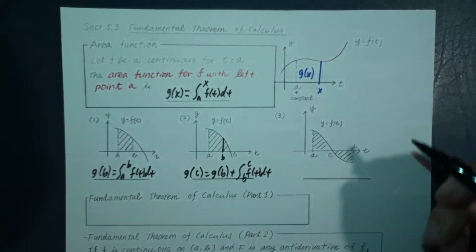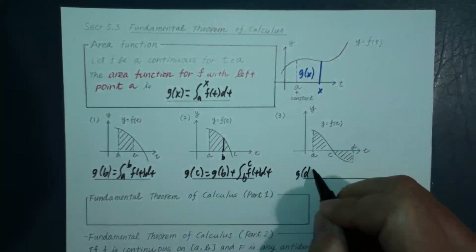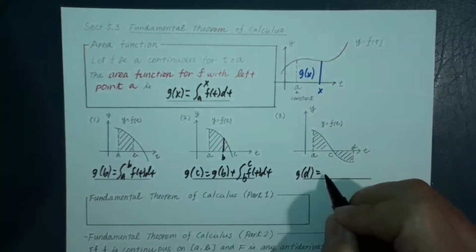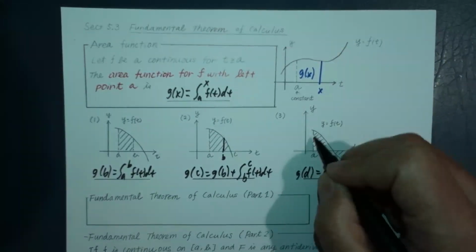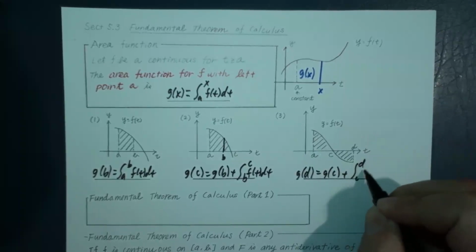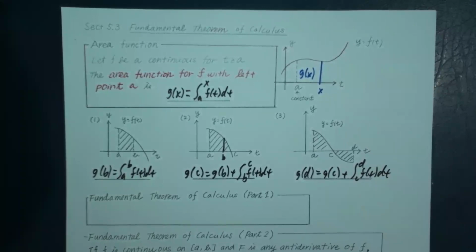And then we're going to further that once again, g of d, our area function, is going to equal g of c, so that's everything to there, plus from c to d of f of t dt. So this is just sort of showing incrementally how we're getting each of these pieces. And you can see we could even break it up even further if we needed to.